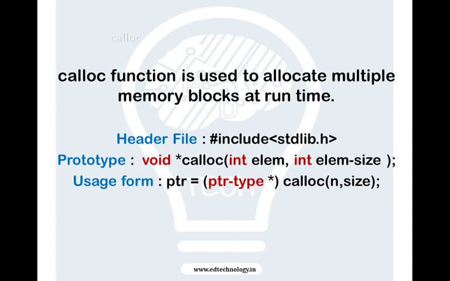The third difference is that malloc returns a pointer to memory, otherwise it returns null, whereas calloc initializes the memory to 0.